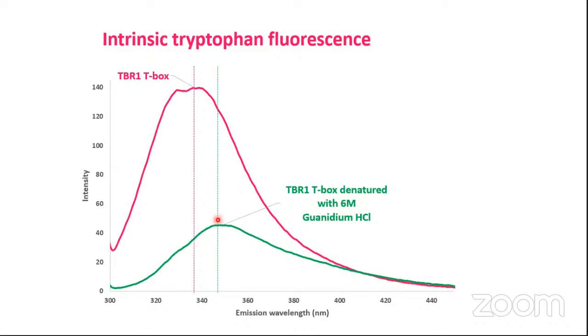You can see that from here, the maximum wavelength is about 338. And here, the maximum wavelength is about 348. So this shift from the pink to the green spectra shows that the protein was initially folded, because if it was not folded initially, the spectrum would have looked like the green spectrum. So from this, we can confirm that the protein is correctly folded.